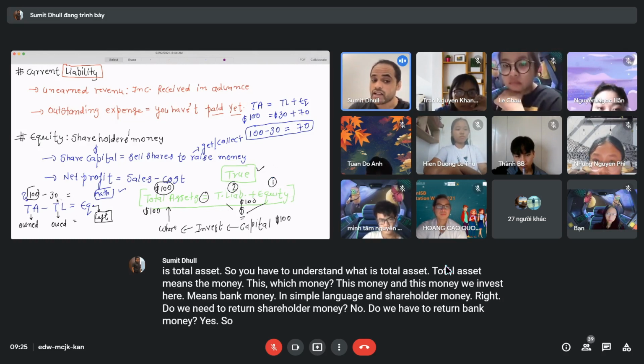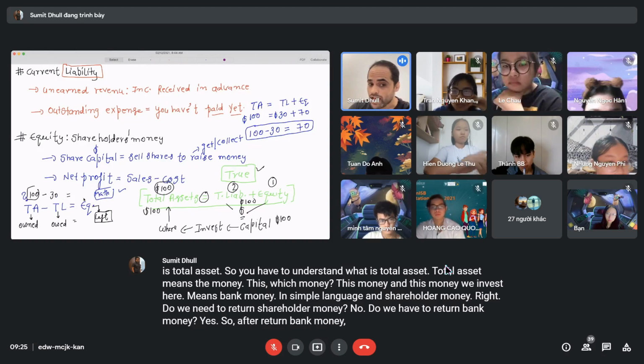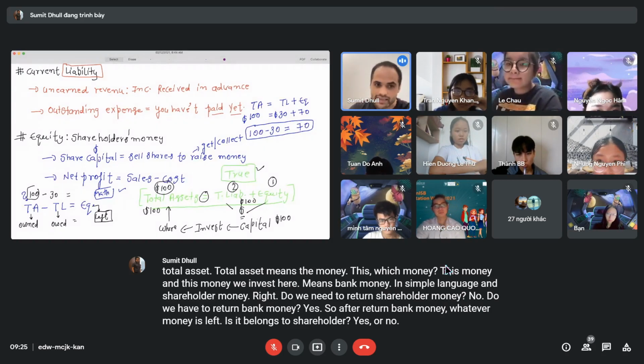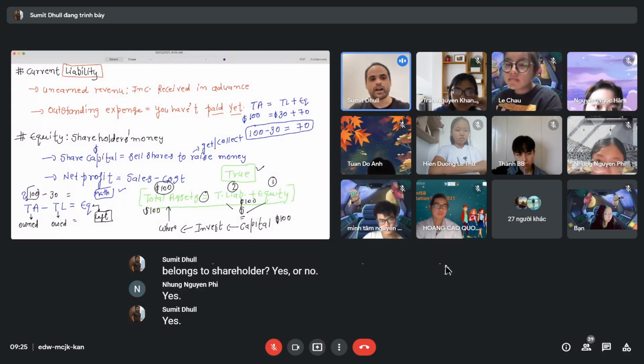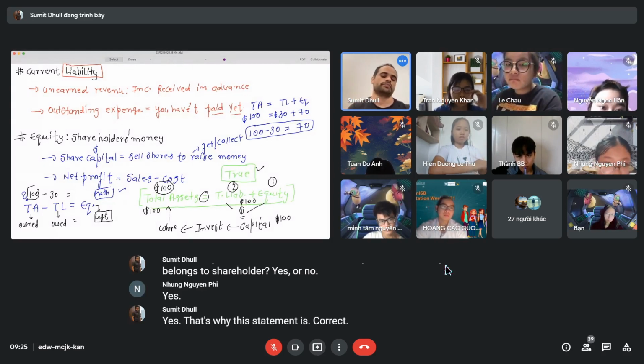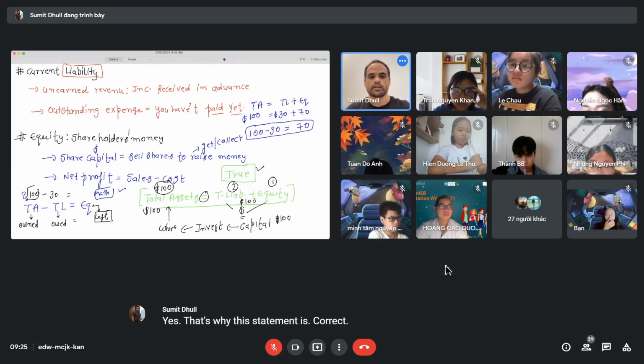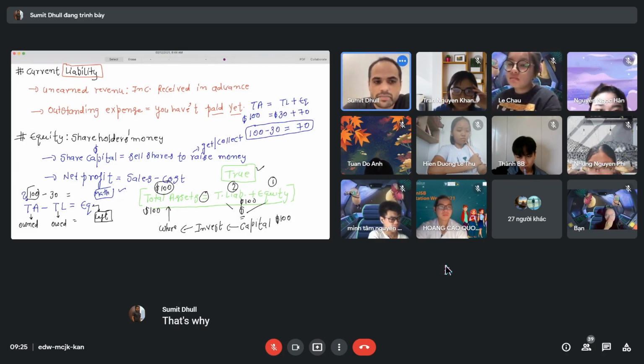So after returning bank money, whatever money is left, does it belong to the shareholder? Yes. That's why this statement is correct.